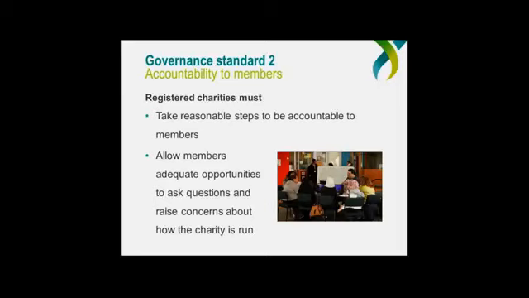But one thing I'd point out about that is because the Corporations Act obligations for registered charities are switched off, this standard increases your flexibility in terms of being accountable for members. So it puts responsibility onto you to decide how to be best accountable to members. For example, corporate charities no longer have to hold annual general meetings, which you were required to under the Corporations Act.